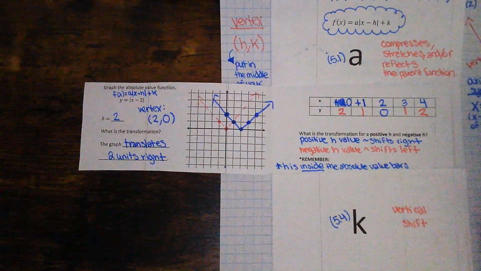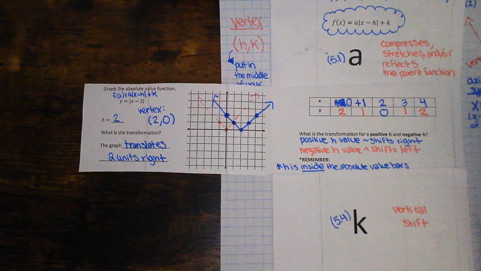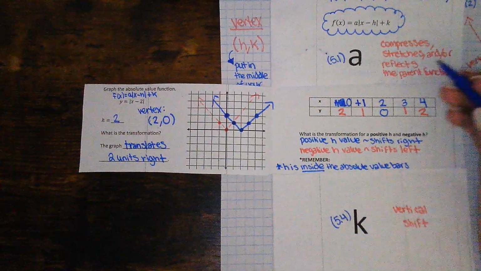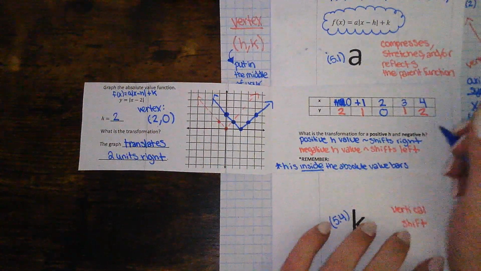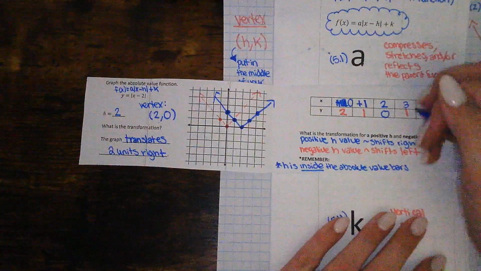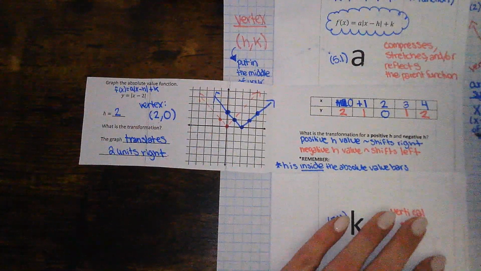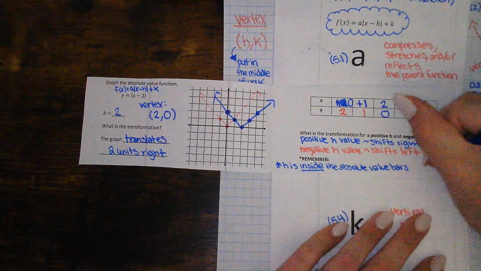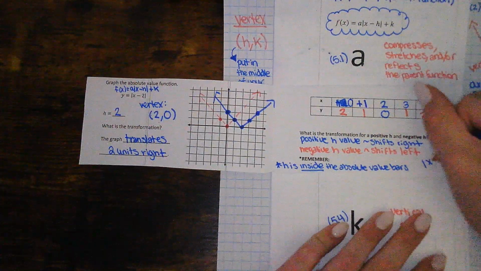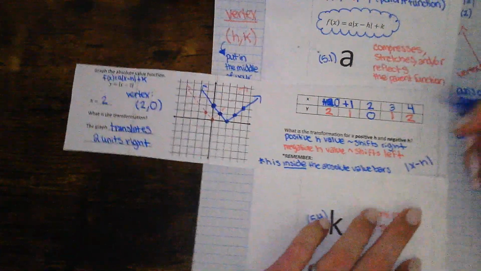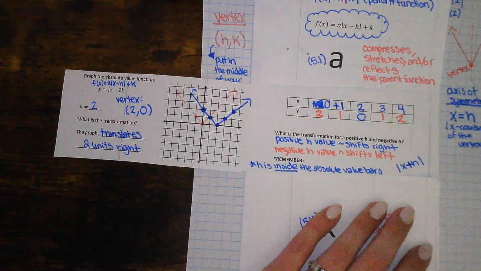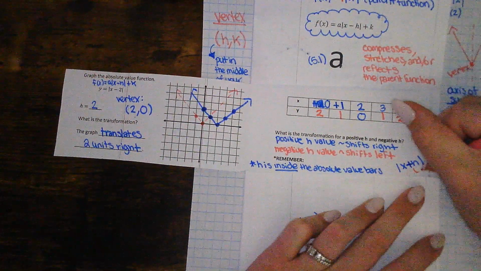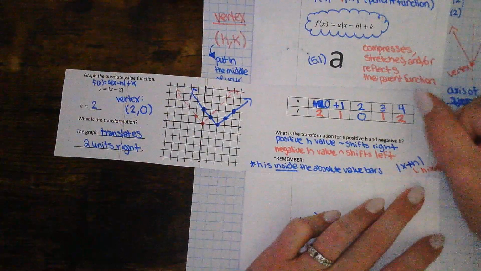And I also want to remember that it's x minus h, not negative h, right? So we kind of just went over that. When you have, let's write it as x plus h, this would mean h is negative.